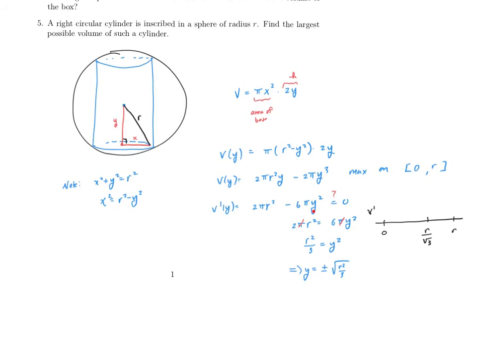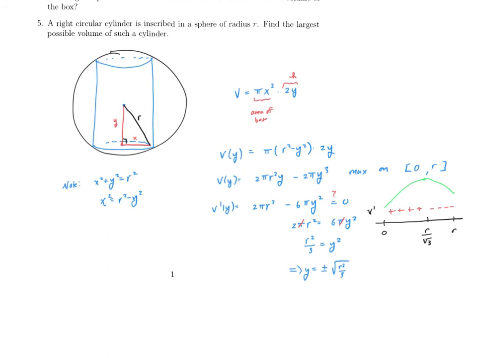And when we let y be equal to 0, we get back a positive quantity. And when you let y equal r, you get back a negative quantity. So v prime is changing sign from positive to negative at this critical point. So your function starts off at 0 and increases and then decreases.